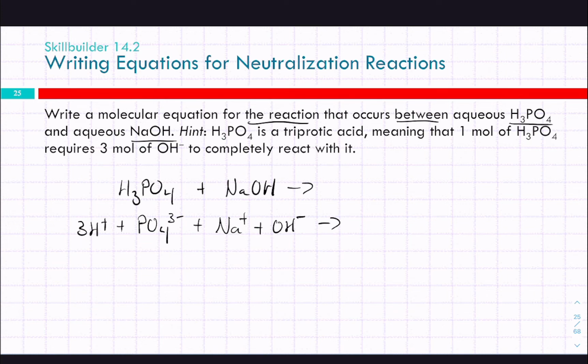Okay, so since it's an acid-base neutralization reaction, the hydrogen is going to react with the OH minus. And we're going to get H2O. And then we're also going to have, since this is the complete ionic equation, we're just writing out all of the ions, Na plus and PO4 3 minus.